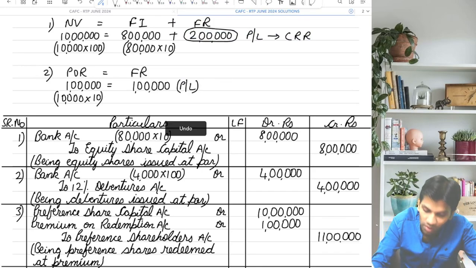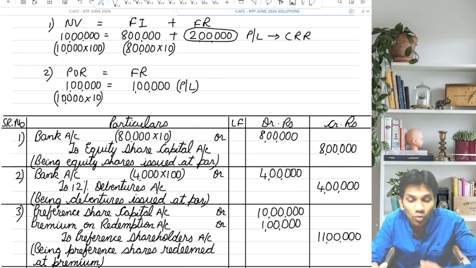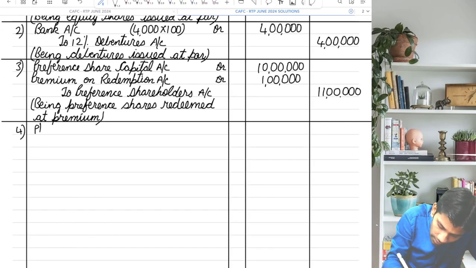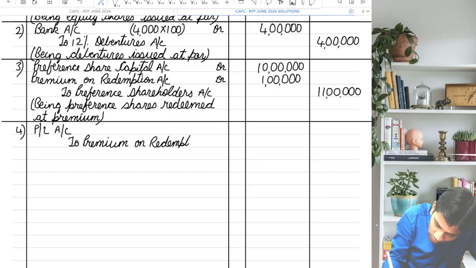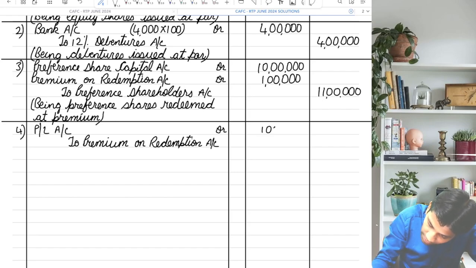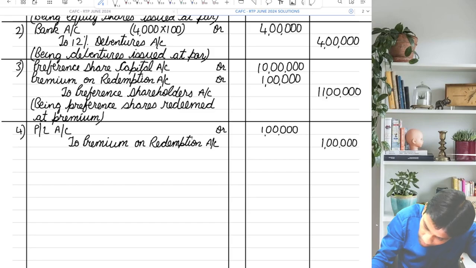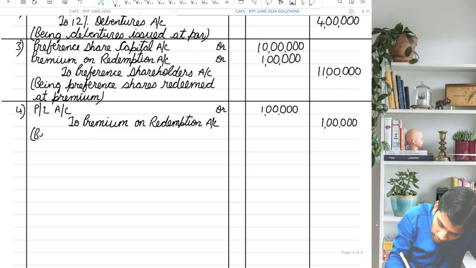Profit and loss account. So my profits are reduced, so P&L account debit to premium on redemption, and my losses are written off. So P&L is getting utilized, so P&L account debit and premium on redemption credit, 1 lakh. Being premium on redemption written off.